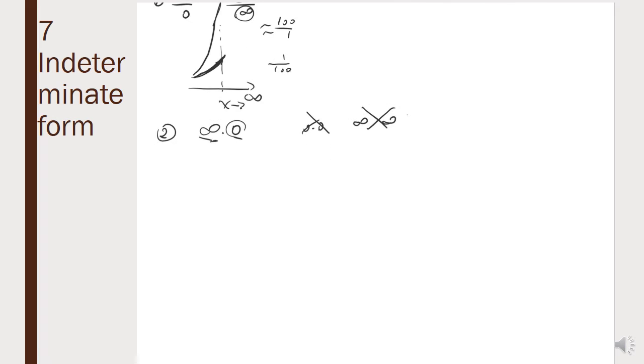So let's continue. The third one is about the infinite minus infinite. So this is about the minus operation. If we have infinite plus infinite, of course, those give us infinite. So this is too simple for us. What about the difference between them? Like this one is increasing quickly, or this one is increasing quickly.